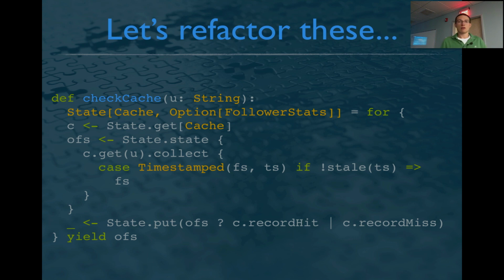But anyway, because we only define this partial function on inputs that are not stale, the net result of this collect call, and if you don't know collect, don't worry about this, is effectively we're pulling fs out of timestamped. We're mapping the option, pulling fs out of timestamped, but only for those entries that are non-stale. Okay.